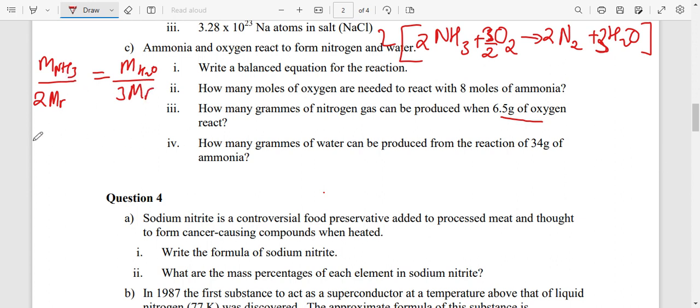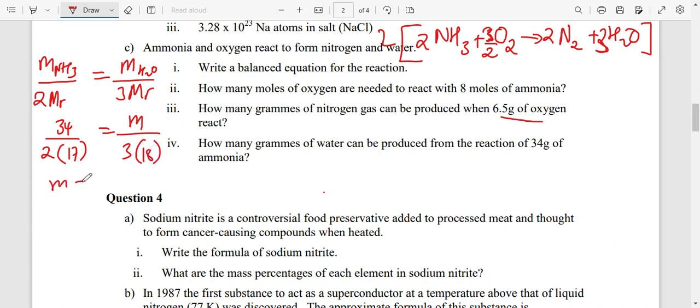The mass of ammonia that we are burning, that is 34 grams, divided by 2, the molar mass for ammonia. How did we determine? Nitrogen is 14 plus 3, that is 17. That will be equal to the mass of water divided by 3, the molar mass for water is 18.